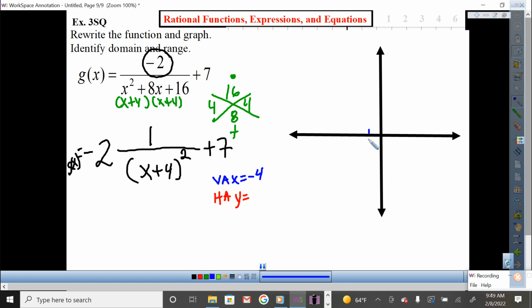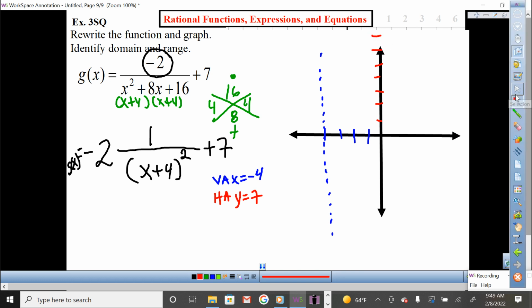So we go 1, 2, 3, 4. HA, 7, so that would be 1, 2, 3, 4, 5, 6, 7.